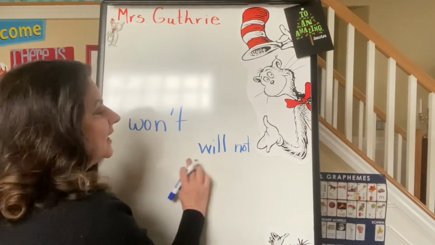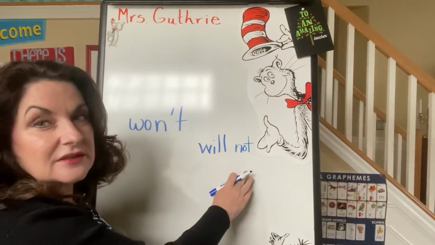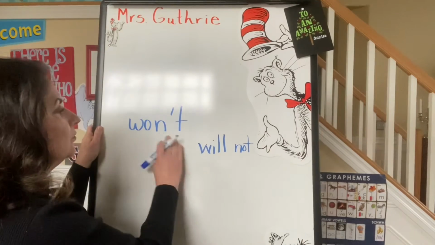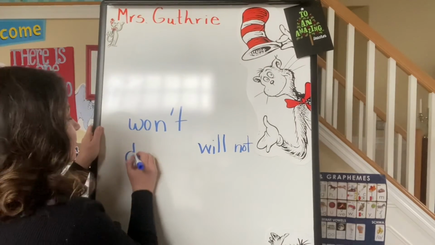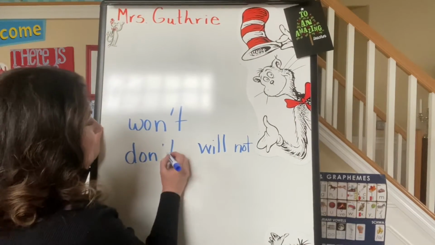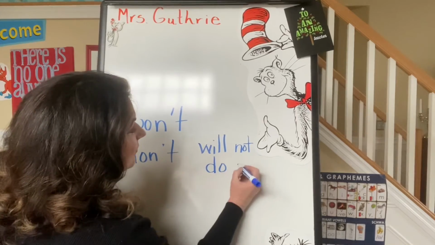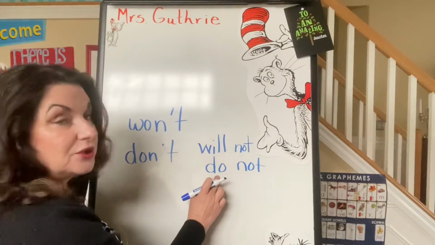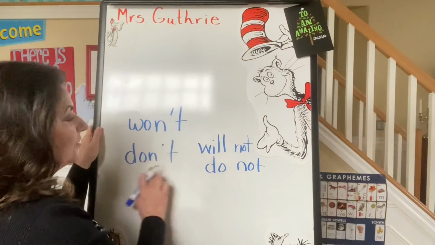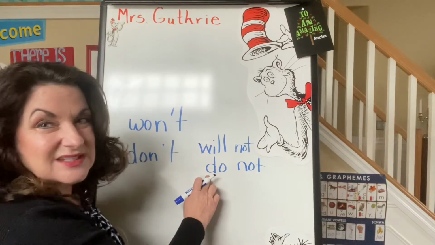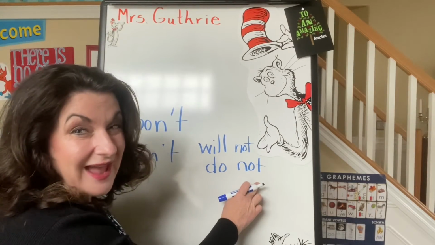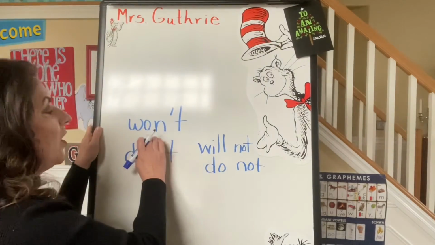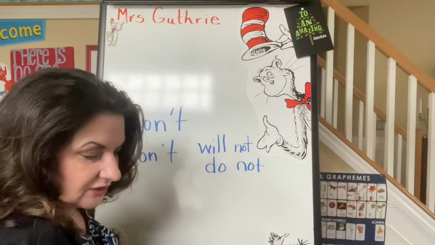And what I can tell you about that is we use that a lot. I won't go. Won't. Won't. Don't rhymes with won't. And it's a little bit easier because it stands for do not. And so you can see we have the word do, and we left out the O for don't. But you can't say do'n't like you say haven't. We don't say do'n't or willn't. We say won't and don't. So that's a little bit tricky.